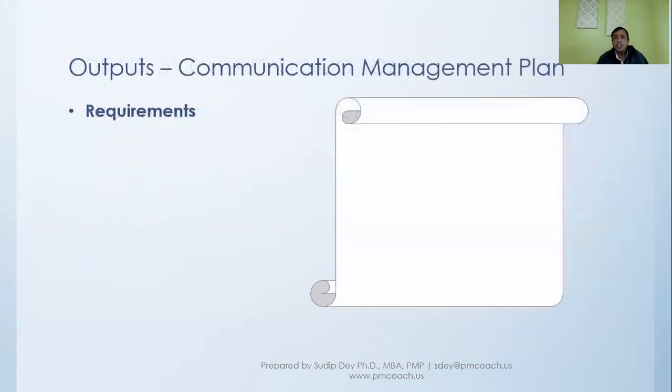For this, the communication management plan is one of the outputs from this process, and there are different outputs that we will have. Again, I want to emphasize here that communication is one of the most important aspects in the life of a project manager, because the more a project manager communicates, the more successful that project is going to be.